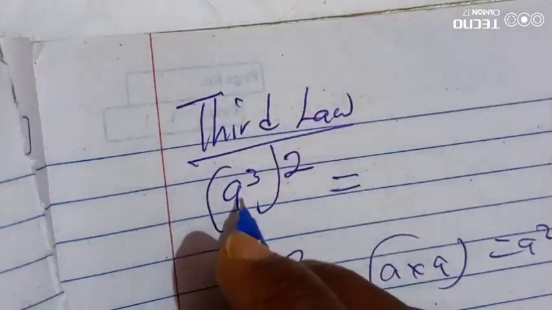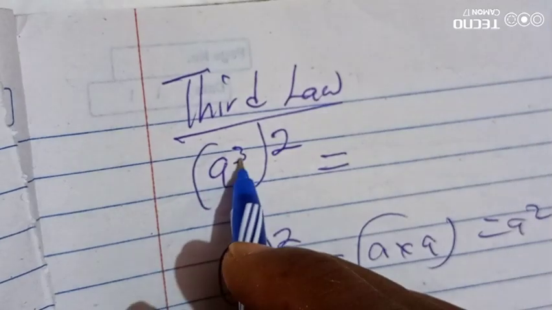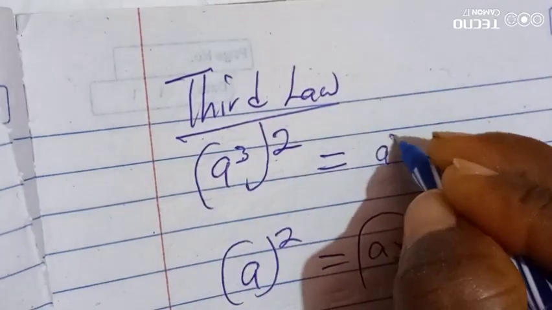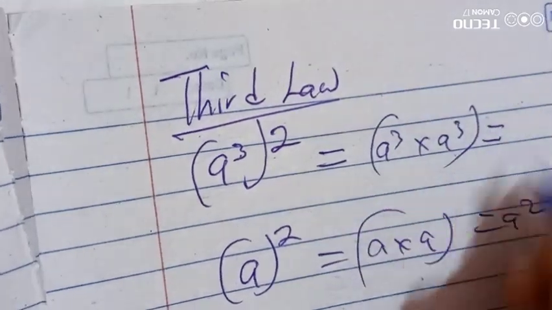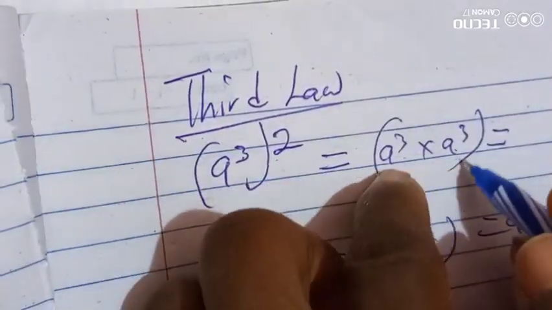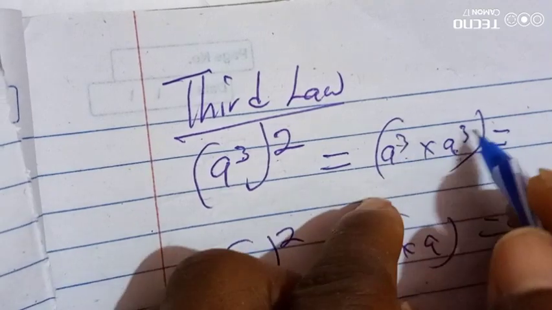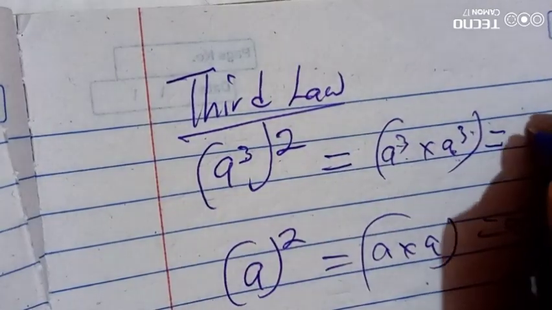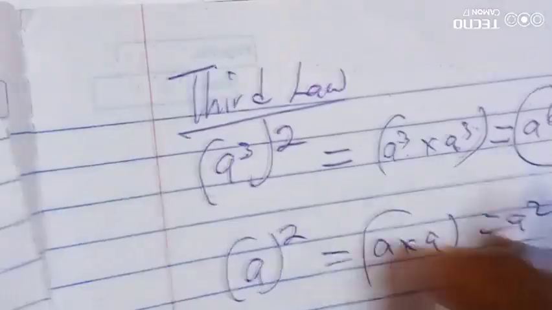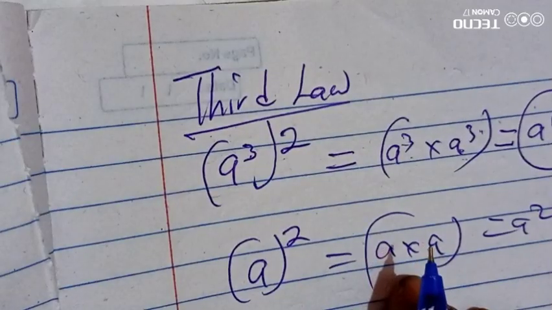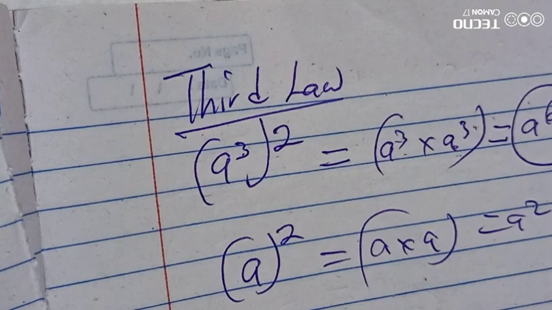So we have 3q all squared, which is equal to 3q times 3q. And the bases are the same. What do we do? We take one base, we add the indices, so 3 plus 3 gives us 6. So it'll be 3q to the 6 power. Let's take one example.